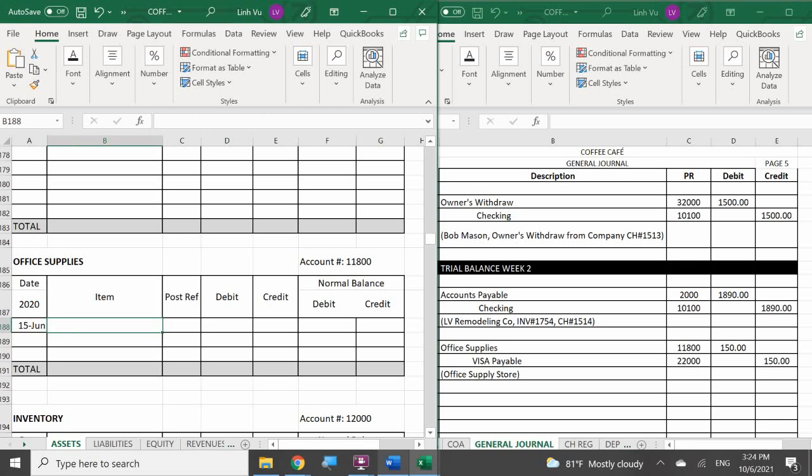So in this case, I bought office supplies. I didn't say specifically what I bought. No, we don't have any information. So, page 5, and it is 150 debit. Okay. Good.